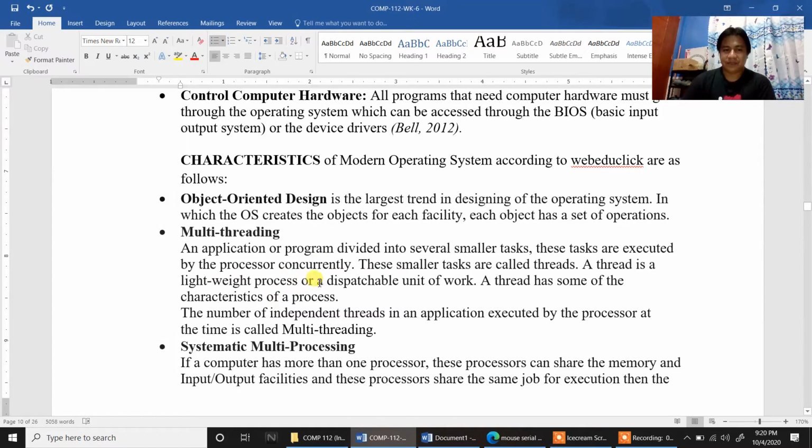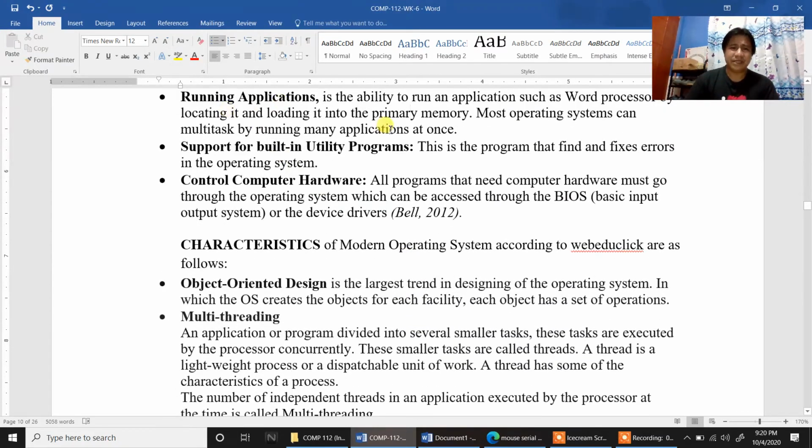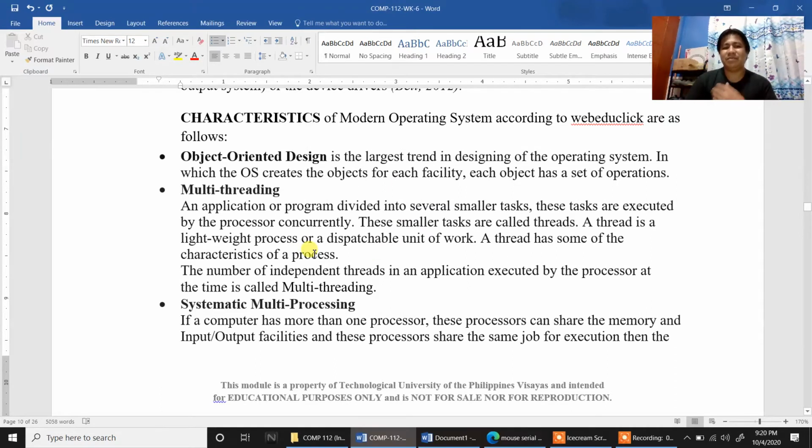Multi-threading, okay? Because you can perform, in your running application, many applications in just one process of the operating system. One unit, many applications you can perform. So that is one of the characteristics of an operating system.